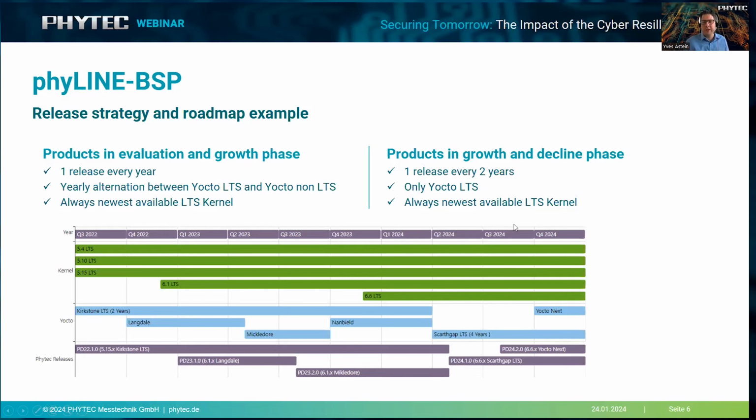So this is where we go into a 2-year release cycle. So every 2 years, we have at least one release. And this is also based on the Yocto LTS and LTS kernels, which continuously provide, each night, new fixes and updates.